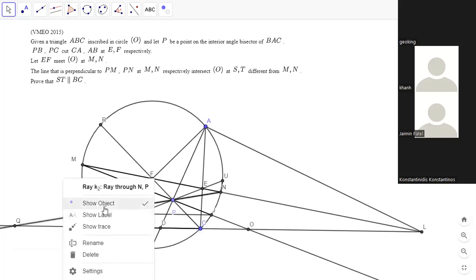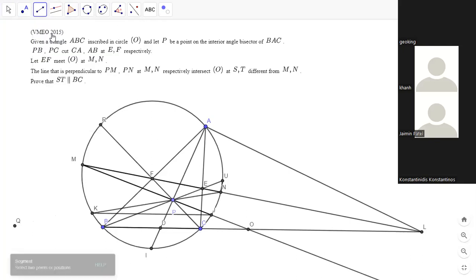Now I want to say why I added these points. The whole problem is equivalent to showing that MNOQ is cyclic. And that looks approachable by power of a point from L, with maybe some projection of points and stuff.